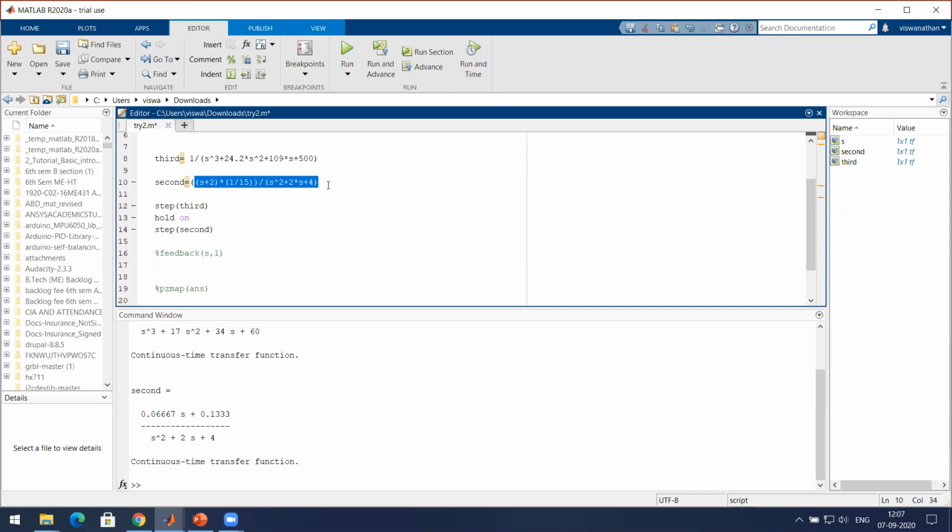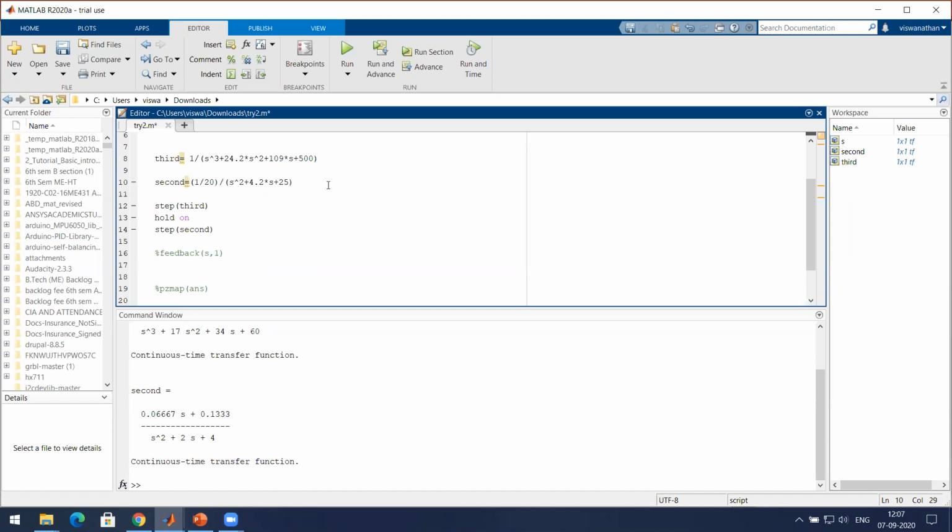What is the second order system for that? 1 by 20, you should have, no? K. Yes, sir, 1 by 20. Then s square plus 4.2 s plus 25.